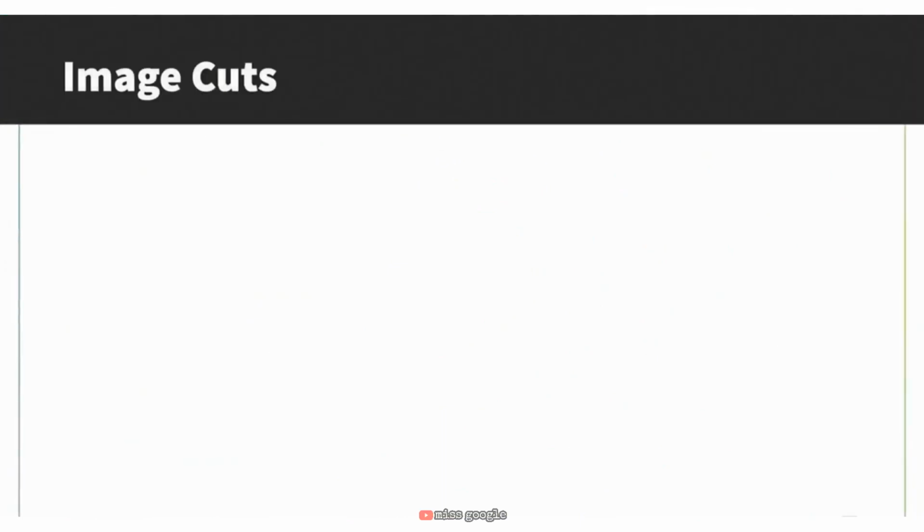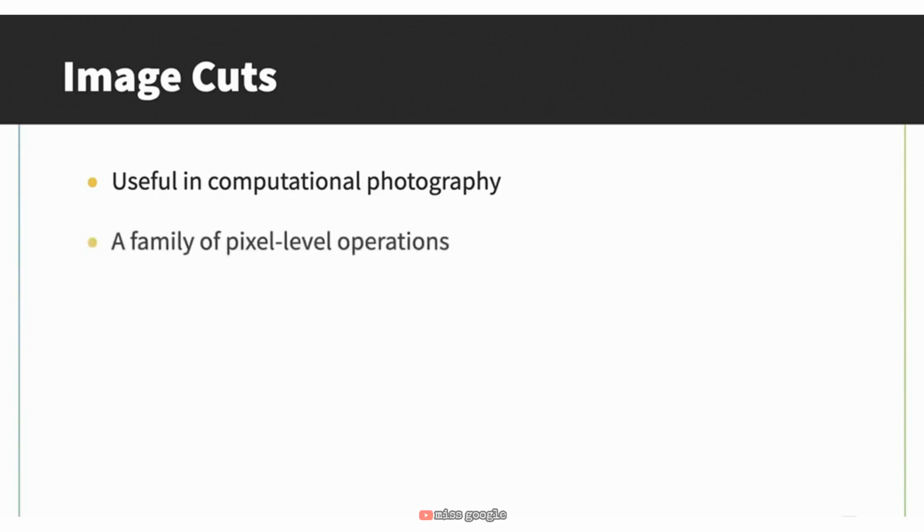Before wrapping up the course, let me introduce you to image cuts, an application of image processing in the amazing art of computational photography. These are the techniques used by photographic software like Photoshop or your smartphone's camera. Cuts are a family of pixel-level operations.